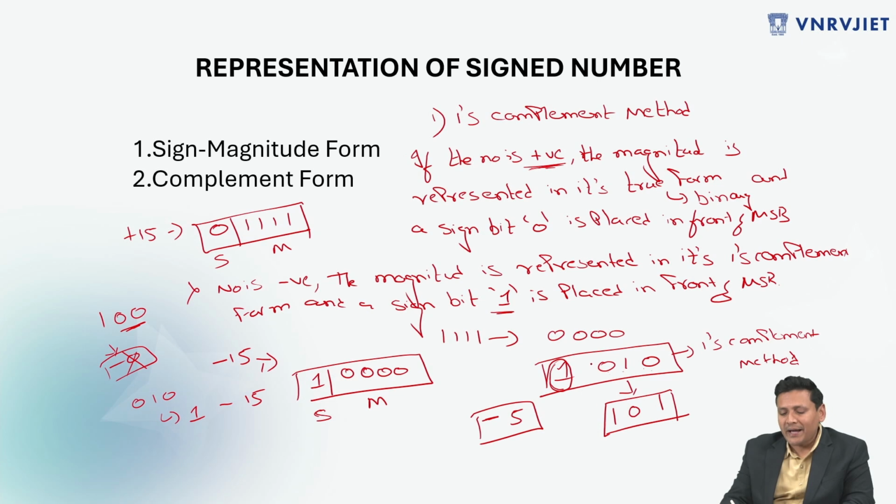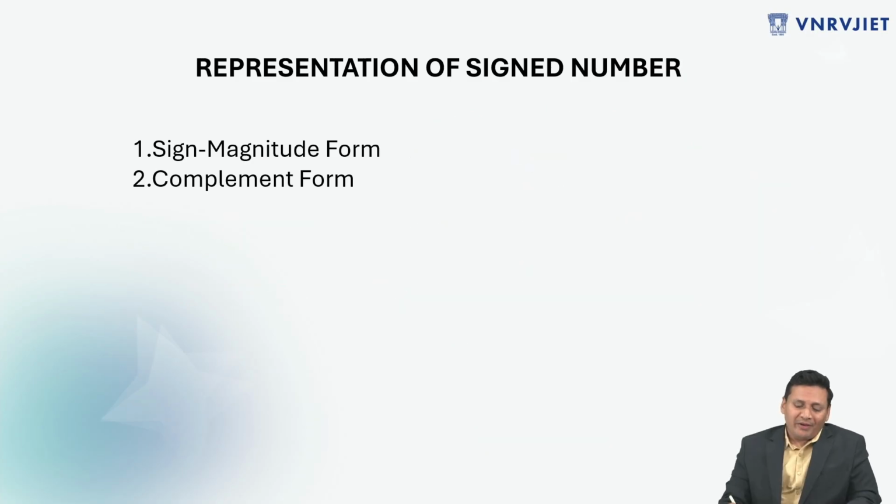Because the magnitude in this representation has been modified from its true form into complement form, so to get the number we have to take its complement again. So now the number has become minus 5. That is how we can represent a signed number using the ones complement method.